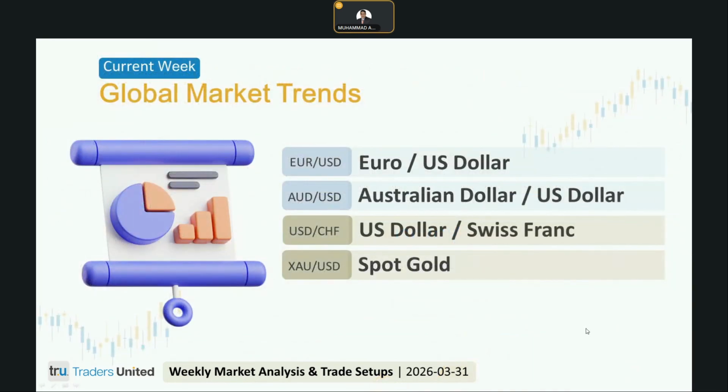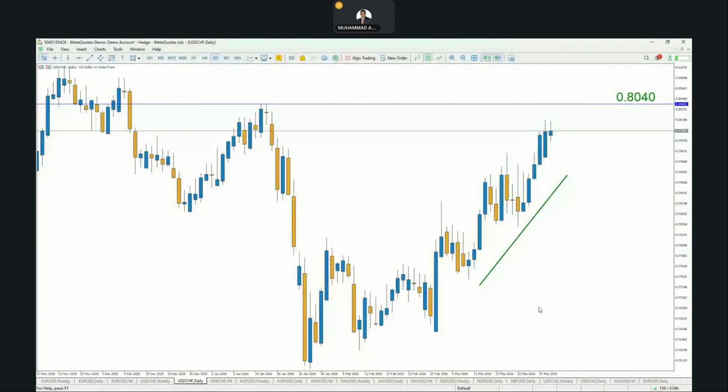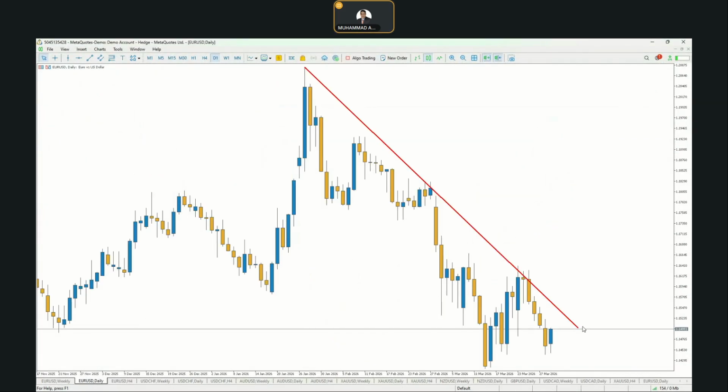Now, let us take a look at current week Forex market trends. And I'm going to discuss the Euro USD, AUD USD, US dollar Swiss franc, and spot gold. So let's take a look at euro dollar. As far as the daily time frame is concerned, it's a downtrend going on in euro USD.